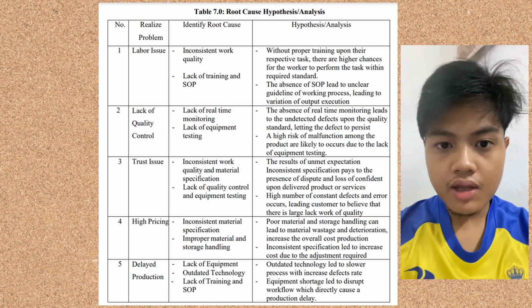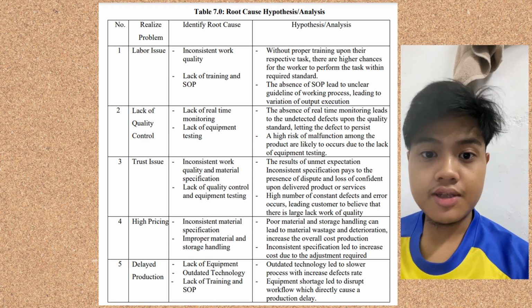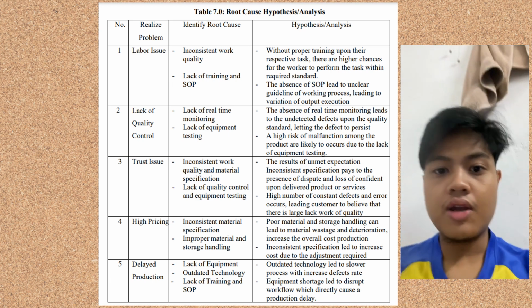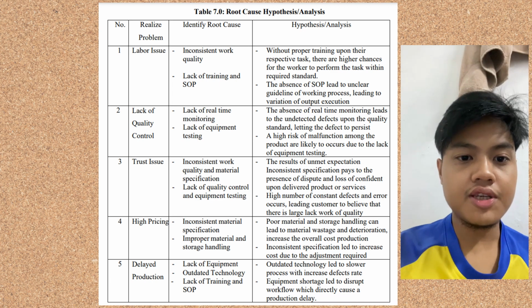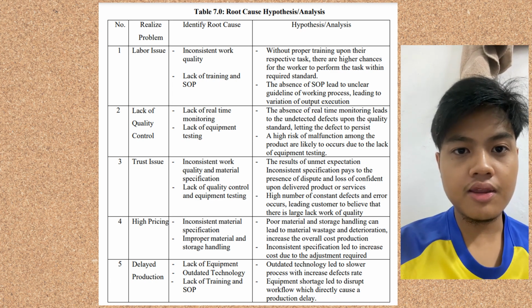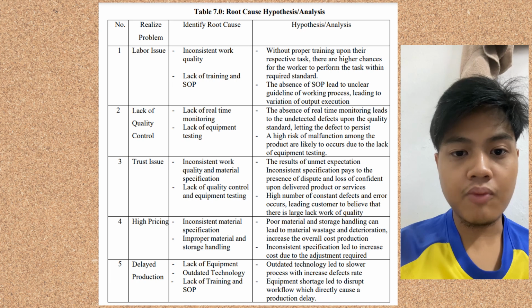We will now take a look at the root cause hypothesis table, which is the list of potential causes. Okay, number 1, which is labor issue, which is commonly employees lacking in training. Number 2 is lack of quality control, which is the absence of real-time monitoring.